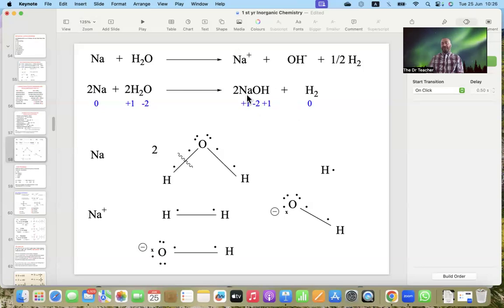So if we deal with the NaOH, Na plus 1, the oxygen minus 2, the hydrogen plus 1. So if you see plus 1 and plus 1 plus 2, minus 2 will become 0. So the overall charge of the sodium hydroxide oxidation state is 0. Here's the sodium.